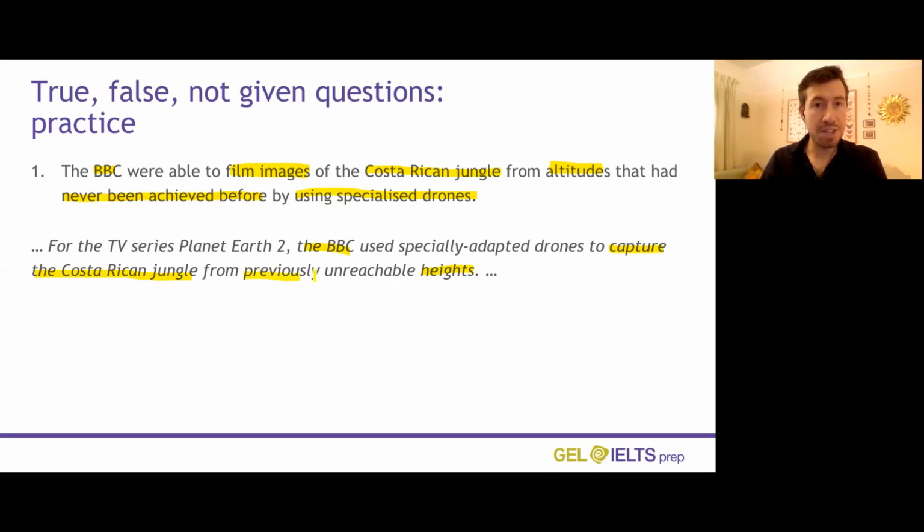And previously unreachable means never been achieved before. And then here we've got using specialized drones and used specially adapted drones. So those two have the same meaning. So we can see that everything in the question has been paraphrased in the text. So hopefully you chose the answer that this is true, because everything is paraphrased.